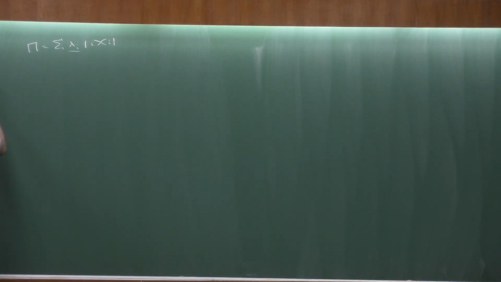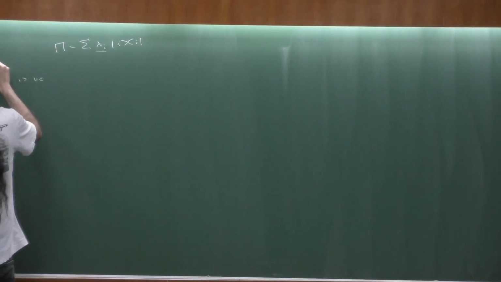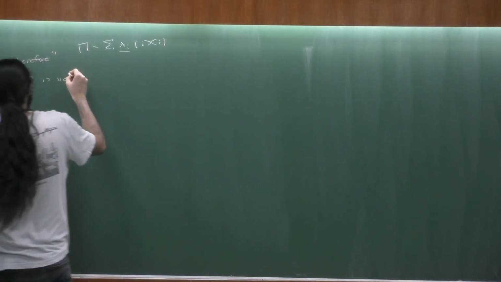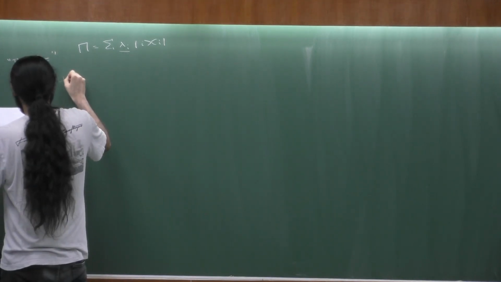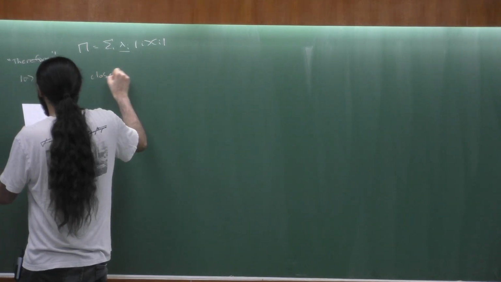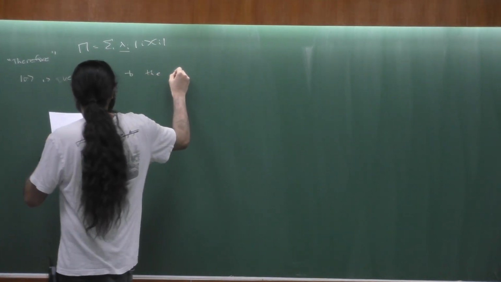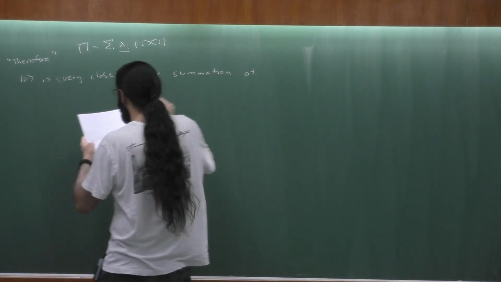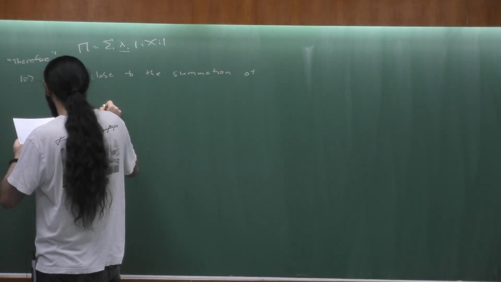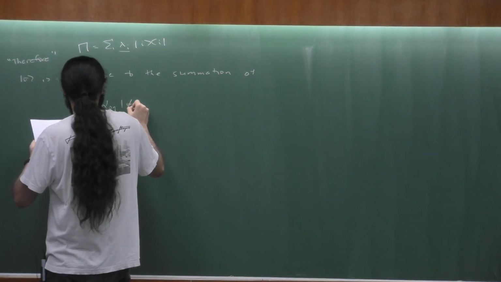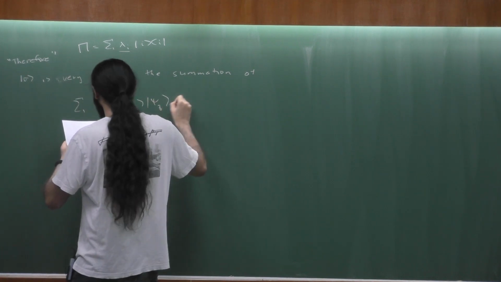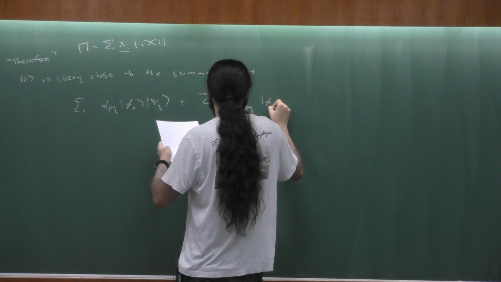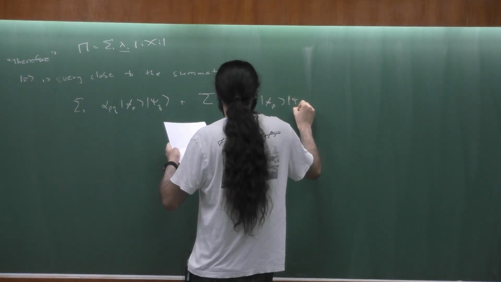Using this, they can further write it as follows. One can write that sigma is very close to the summation of these states: alpha pq, phi p, psi q, plus the sum over alpha pq, phi p, psi q.